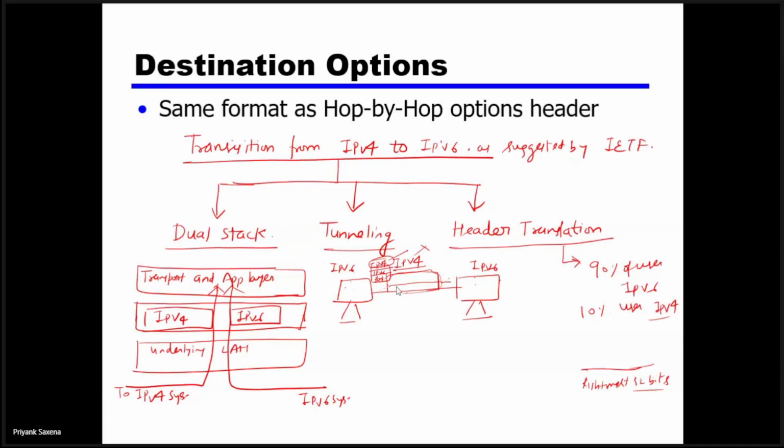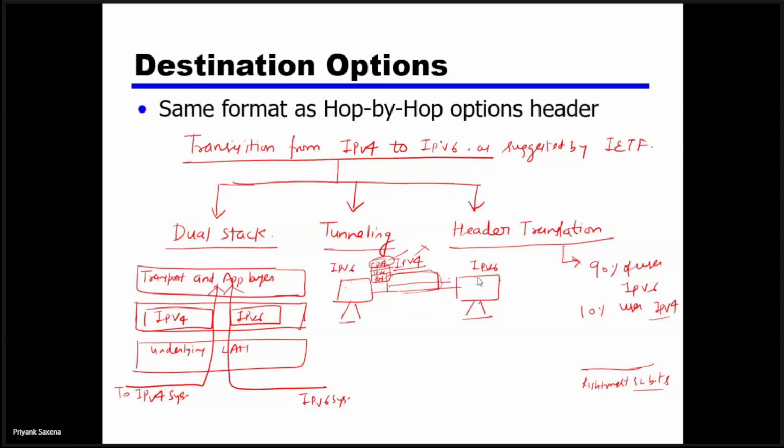While it is entering this IPv4 region, it will be encapsulated in an IPv4 header. And once it leaves this tunnel, this encapsulation will be removed. Then the IPv6 header can be seen by this IPv6 user, and the packet can be delivered to this IPv6 user.